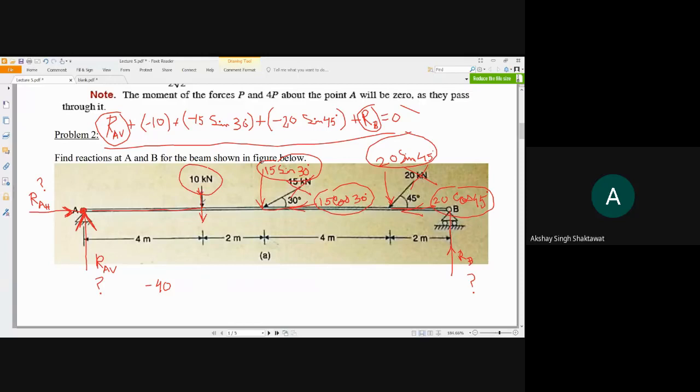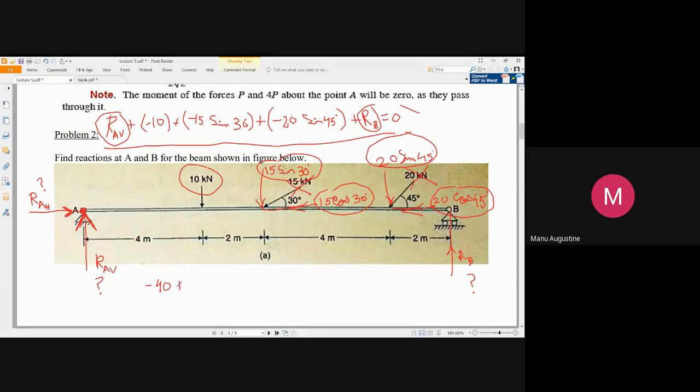So the rocket will try to fly in the downward direction, but since it is tied, it will be forced to rotate in this direction, and this is the clockwise direction. Clockwise moments are negative. Okay? So using this logic, what we can say is that the moment of 10 about A is minus 40.